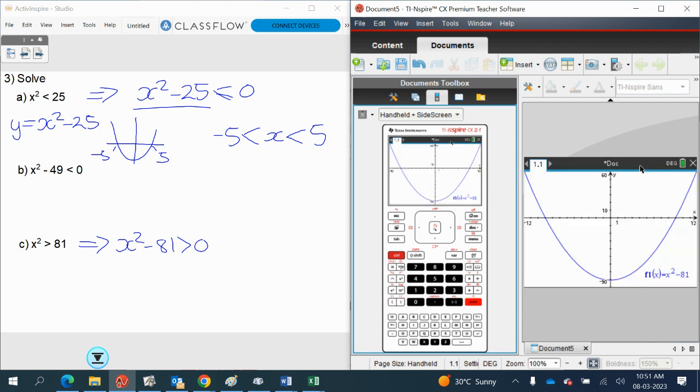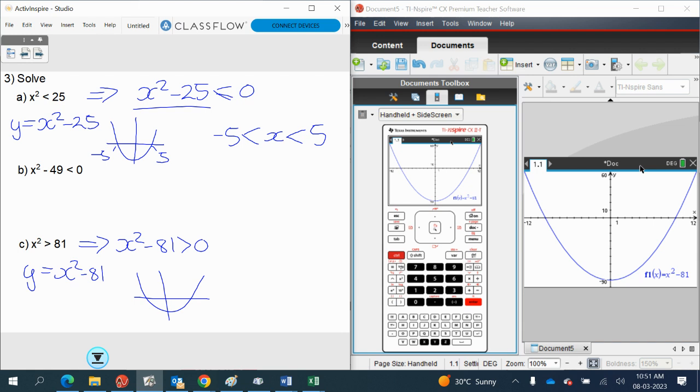The graph looks like this. So where is this expression greater than 0? Up here in the second quadrant and up here in the first quadrant. So if we graph y is equal to x squared minus 81, the graph is going to look like this.